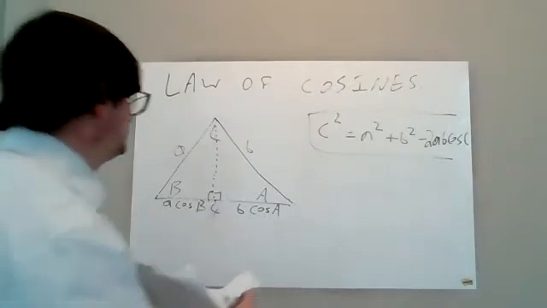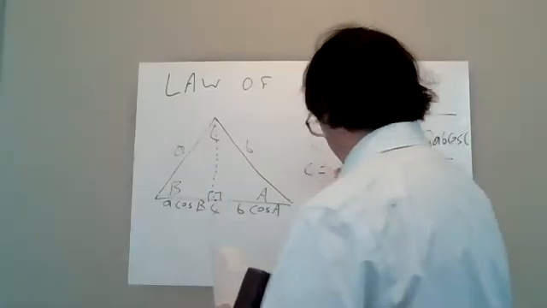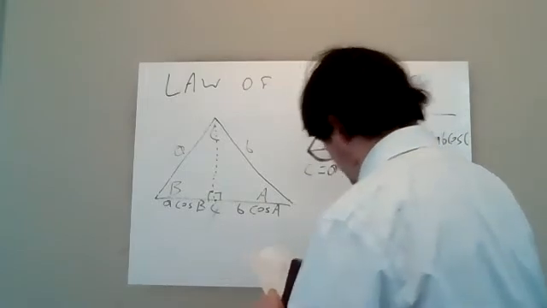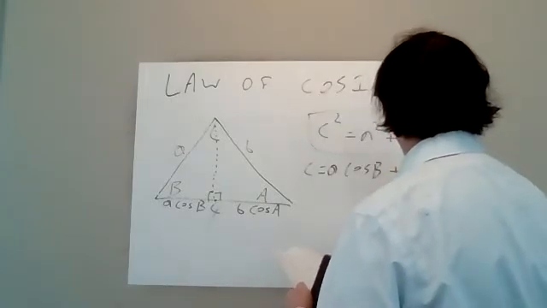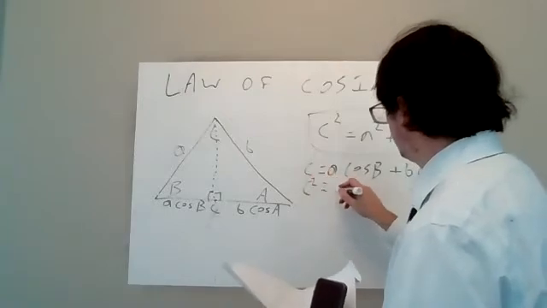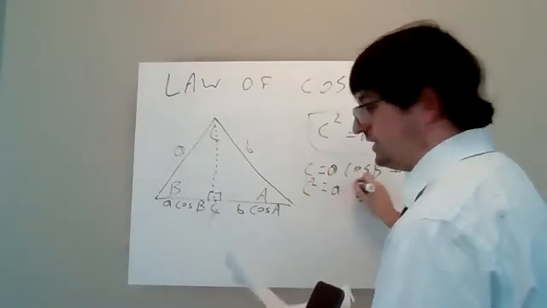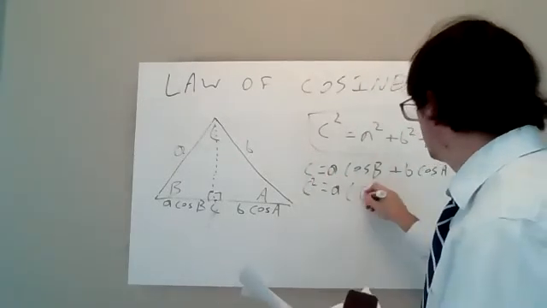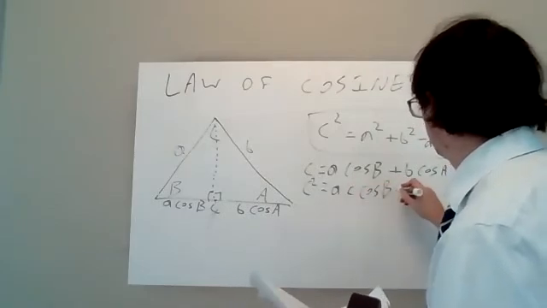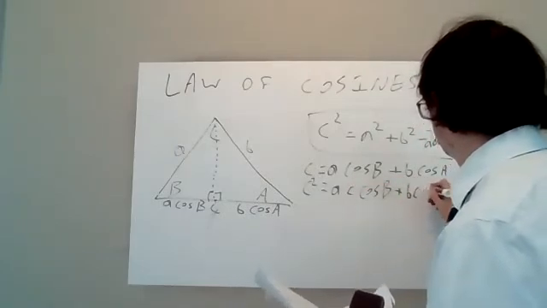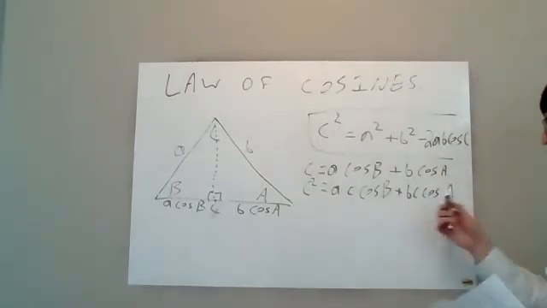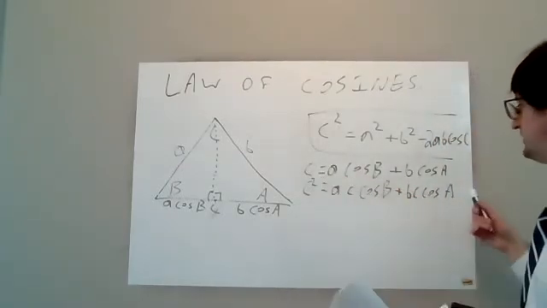So we get that c equals a cosine B plus b cosine A, which is the same as saying c squared equals ac cosine B plus bc cosine A. All I've done is multiply everything by c.